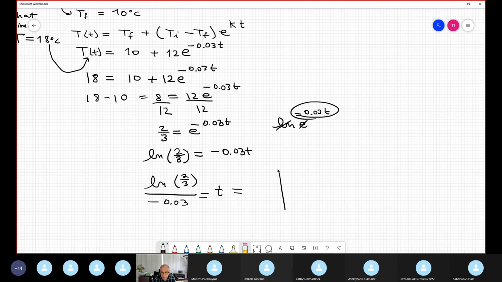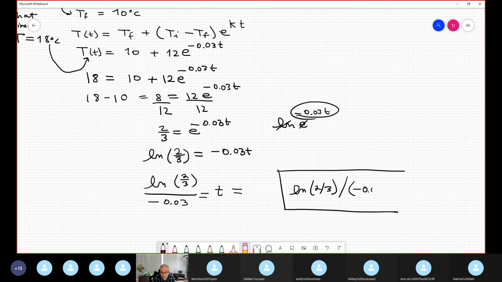How do you put it in the calculator? You put in the calculator like that: natural logarithm 2/3 division, parenthesis, negative 0.03. Be careful with the negative, because in our calculator we have two kinds of negative: negative as subtraction, and negative of a value.